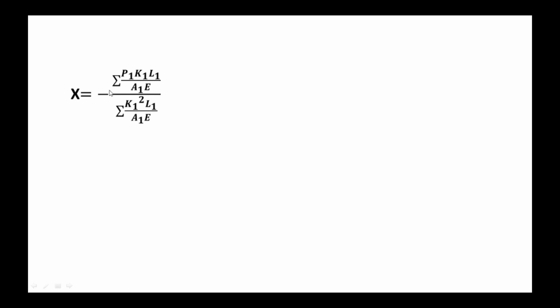So X is equal to minus the summation of P1 K1 L1 by A1 E, divided by the summation of K1 square L1 by A1 E. The forces in the members are like this: S1 is equal to P1 plus this value of X into K1, S2 is equal to P2 plus X into K2, S3 is equal to P3 plus X into K3, and so on.